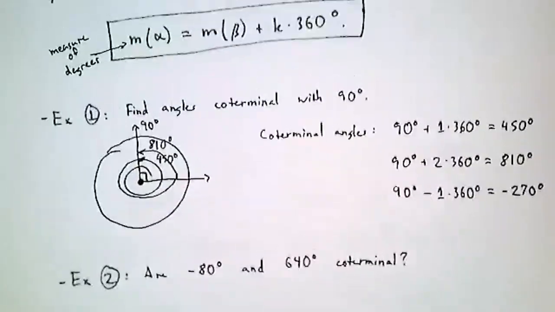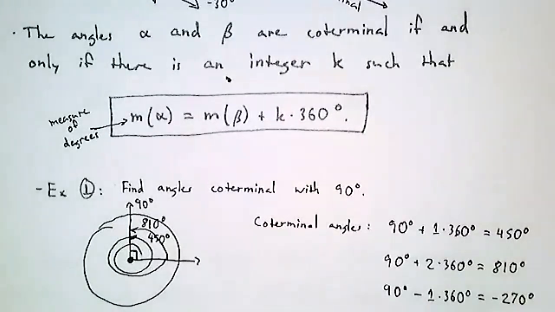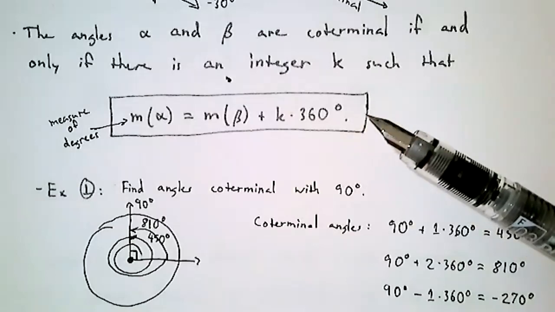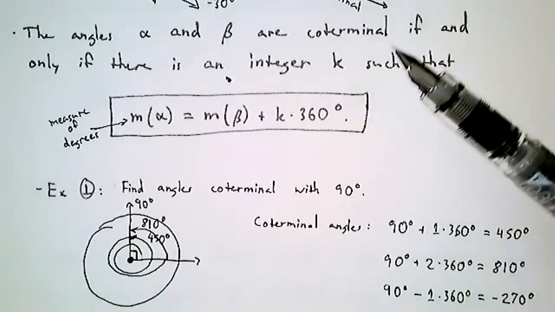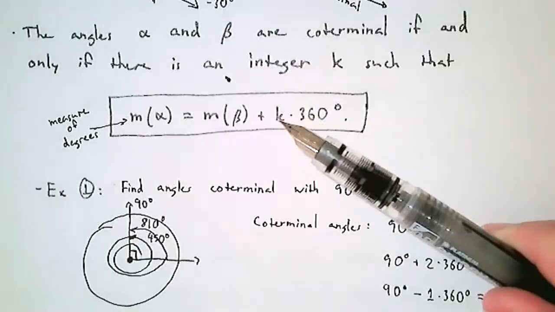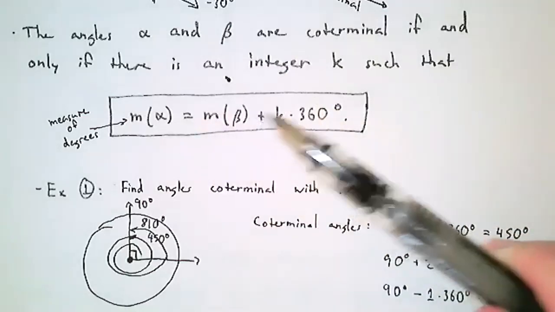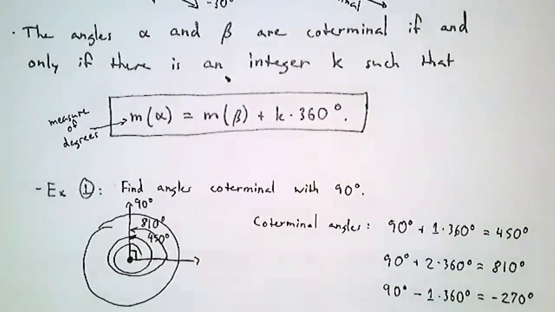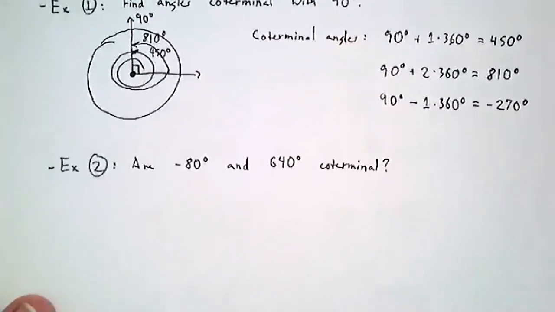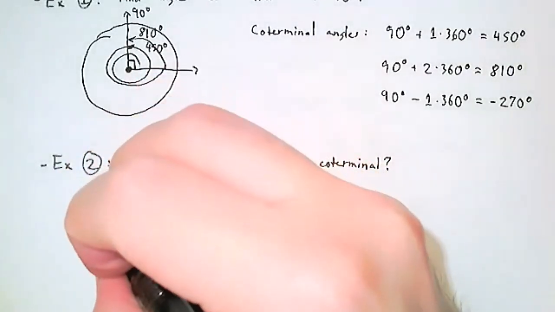So we're going to go back to this little expression and try to use some algebra to answer this. So I know two angles are coterminal if I can find this whole number k, where the two angles differ by k times 360. So I want to set up an equation.